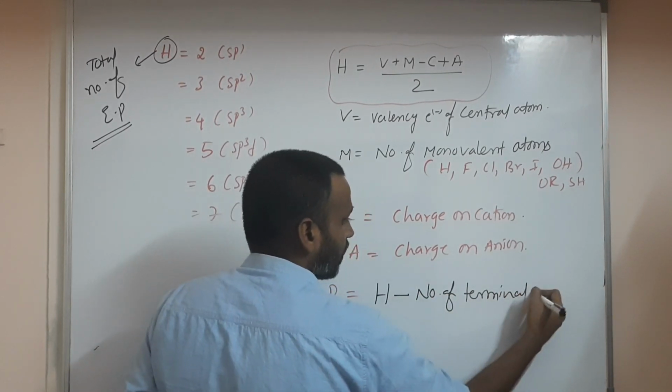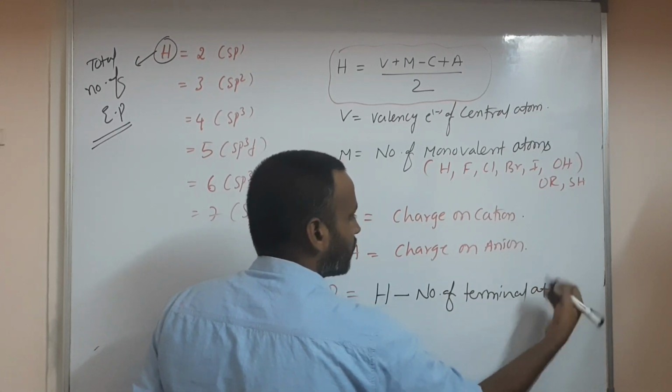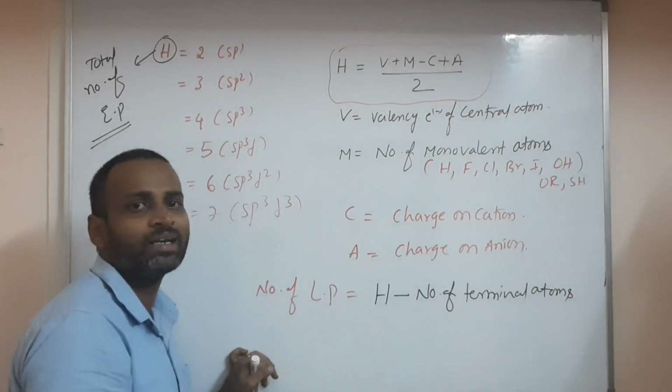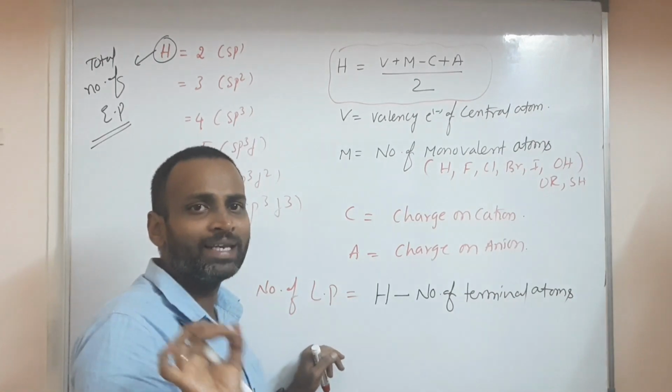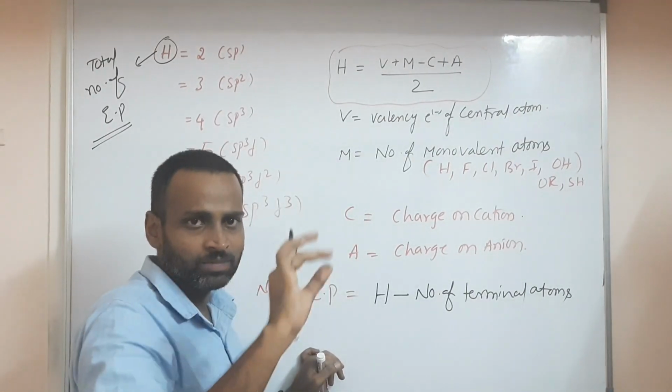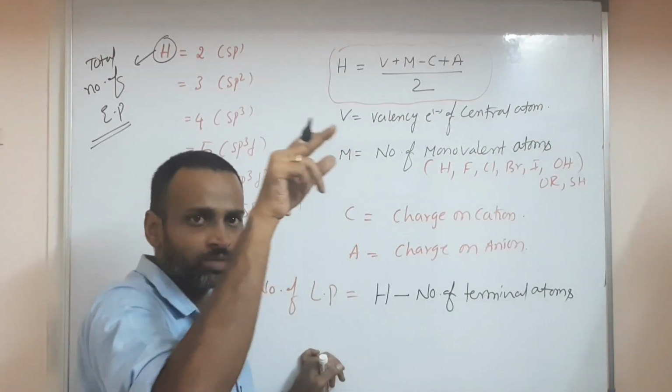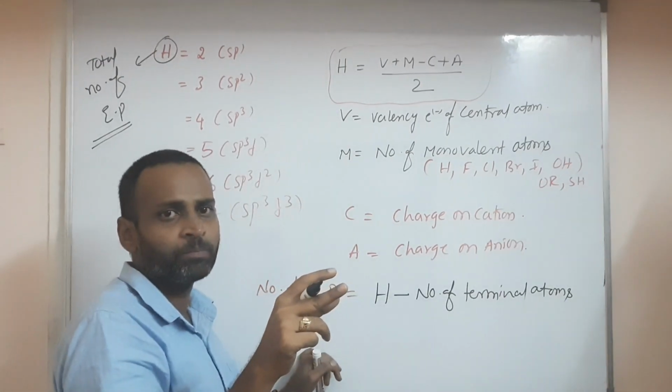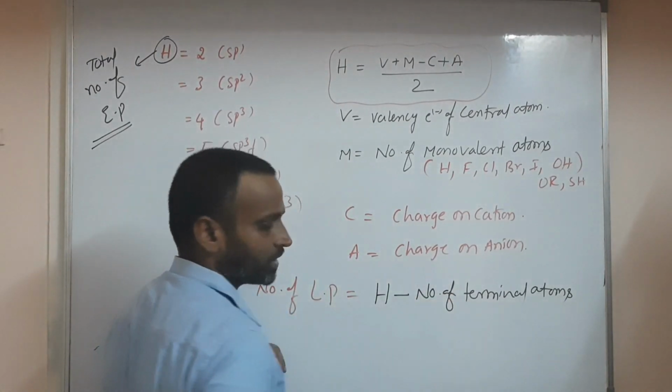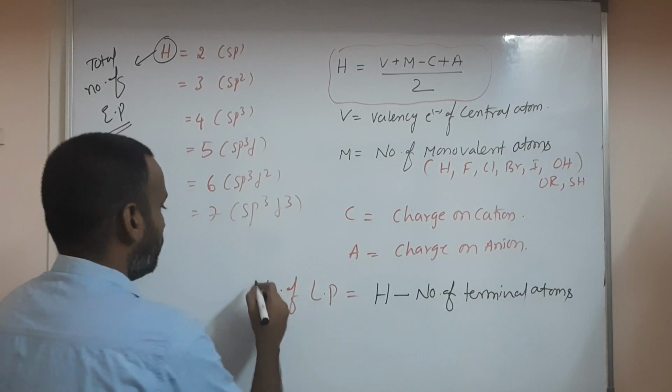Terminal means any atoms, not only monovalent, just blindly: how many atoms are surrounding the central atom? Substitute all those here, then you will get the number of lone pairs.